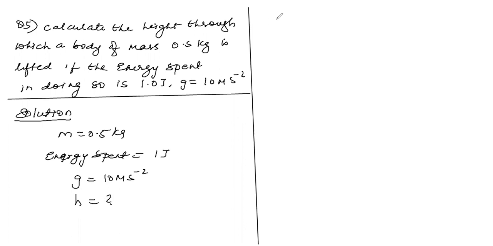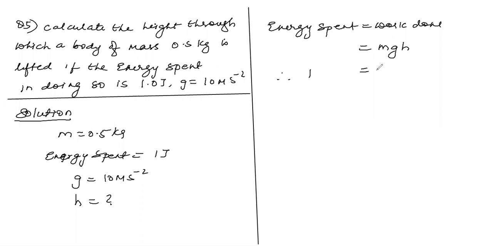See, remember, energy spent is nothing but work done. The formula for work done in case of lifting is mgh. Therefore, 1 joule is equal to m, which is 0.5, g is 10, into h. So 1 is equal to 5h.